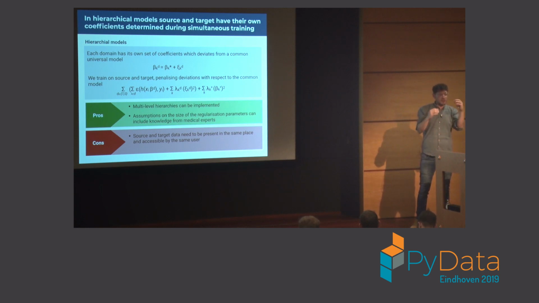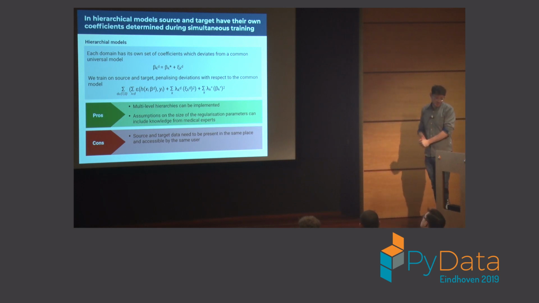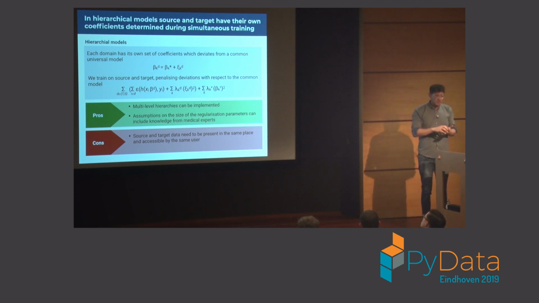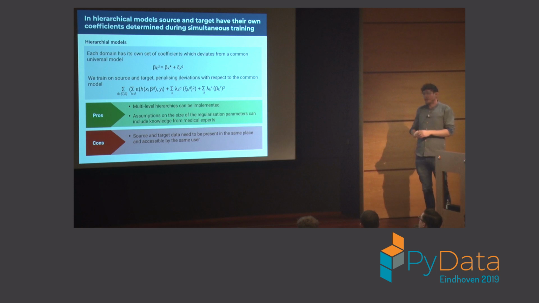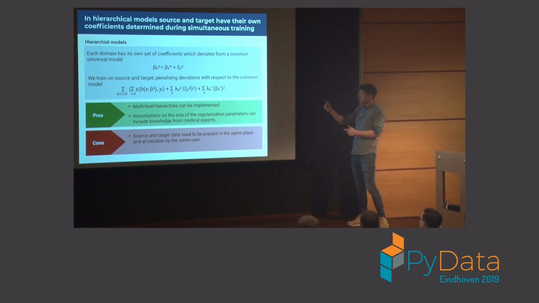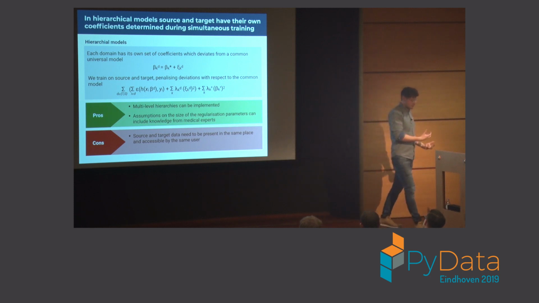So the same features can have different effects in different domains, in different hospitals. And another benefit is that you can encode some kind of medical knowledge by putting some priors on the regularization terms. However, as in the very first solution that I told you, now you are training on source and target together. So there's that.